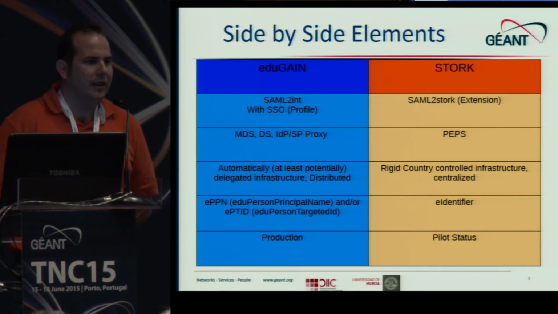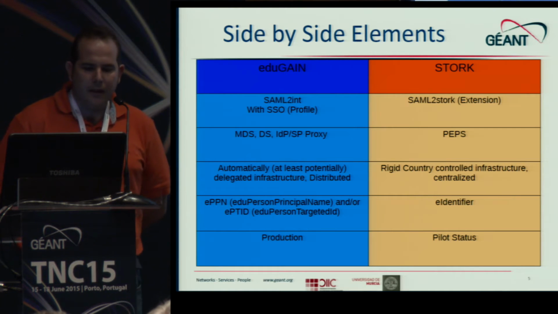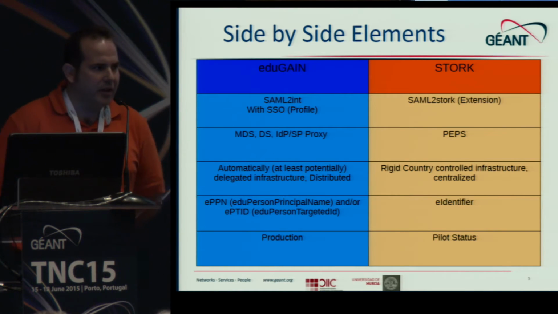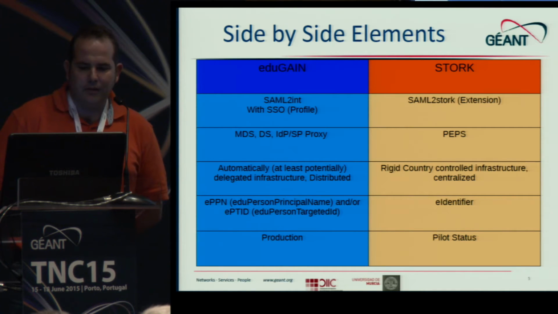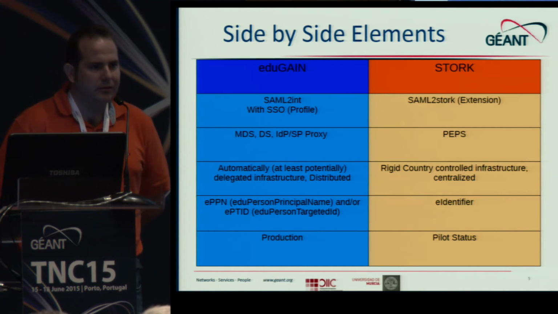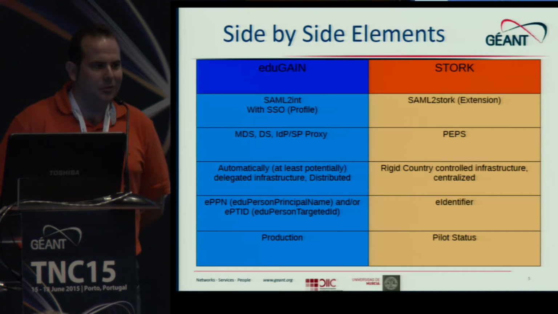So each country has its own e-identifier, and each country has full possibilities to do whatever they want. And meanwhile, eduGAIN has been in production for quite a long time. STORK is still in pilot status. We hope to finish the pilot in September, hopefully, and let's see what happens with it.